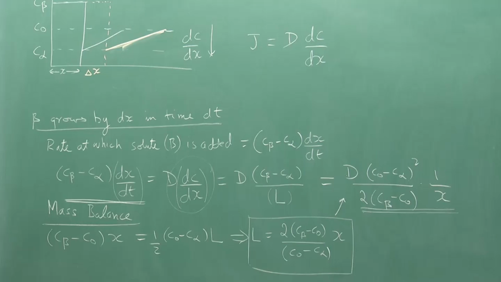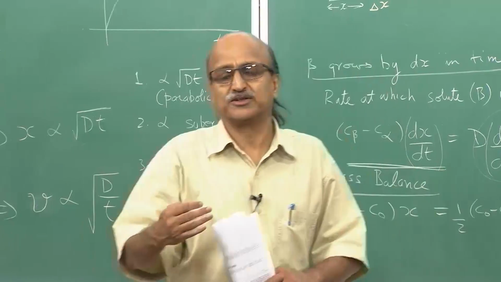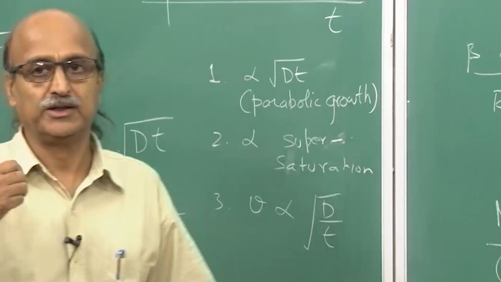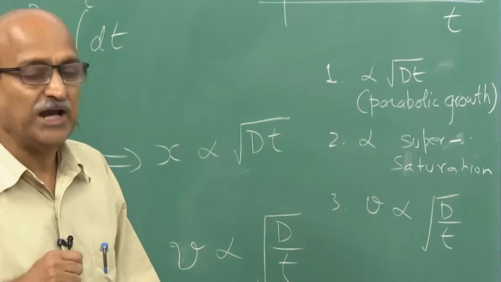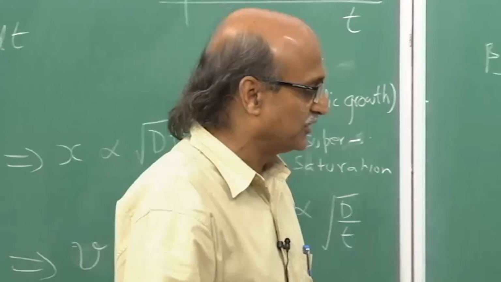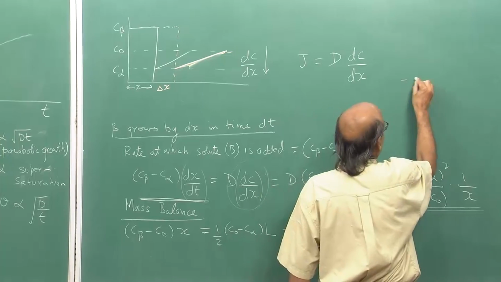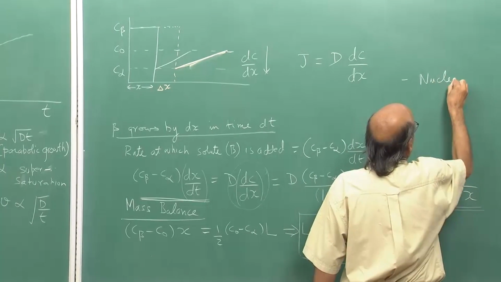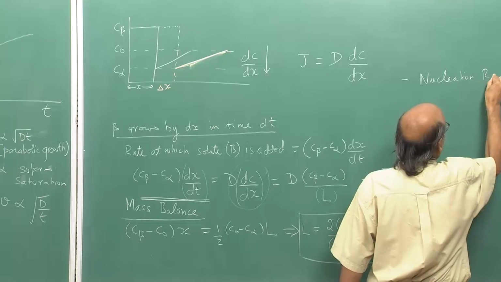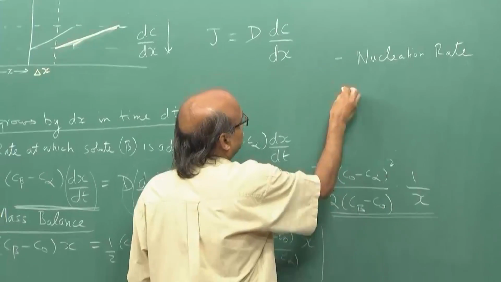With this, we finish our discussion on kinetics of growth, and what we have done in the last several lectures is we have understood nucleation rate and what factors control it.